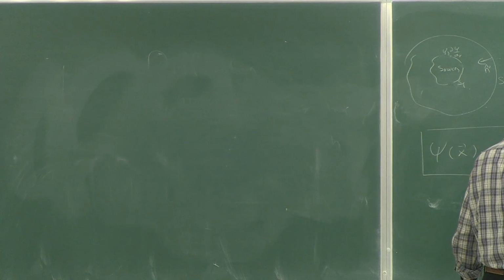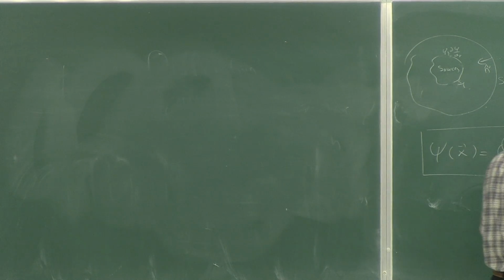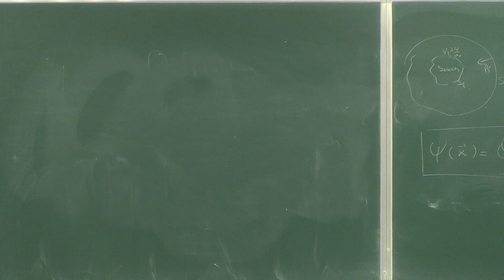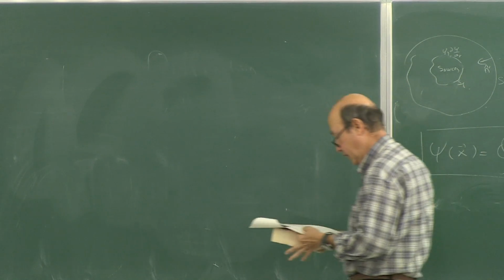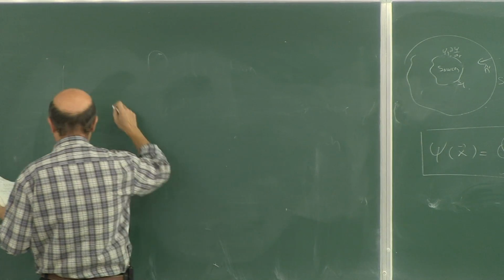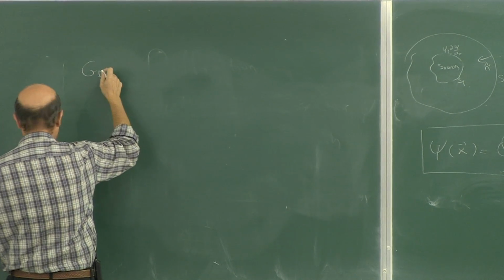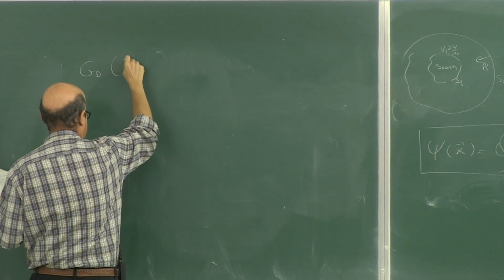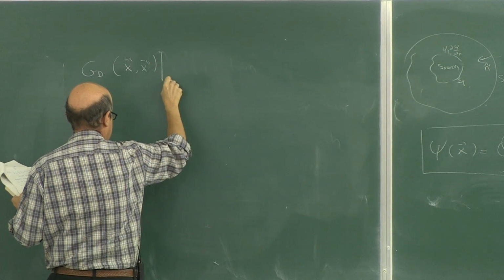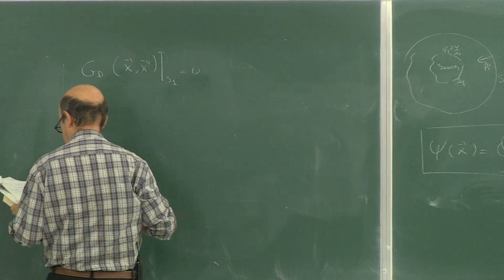The easier format is the following. You know there are two types of boundary conditions. You can pick the Green's function to be 0 or the derivative of the Green's function to be 0. They are the Neumann and Dirichlet boundary conditions, and you can apply them very easily. One boundary condition says that the Green's function has to be 0 at the surface, meaning S1.